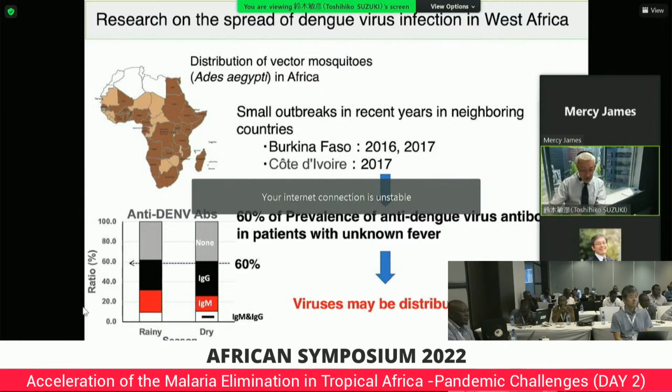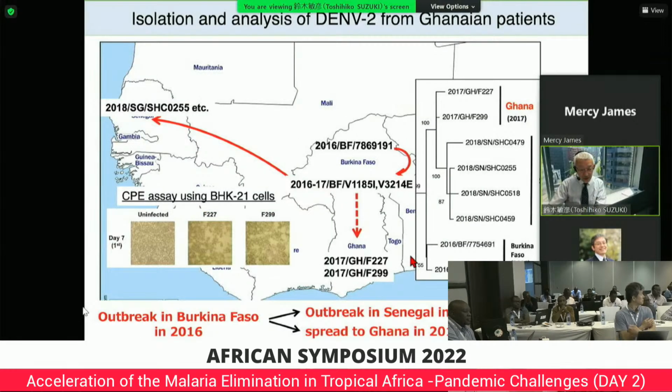We next tried to isolate the dengue virus from sera, and we could isolate two strains of serotype 2 viruses. The distribution of these viruses was estimated by analyzing the similarity of genome structure.